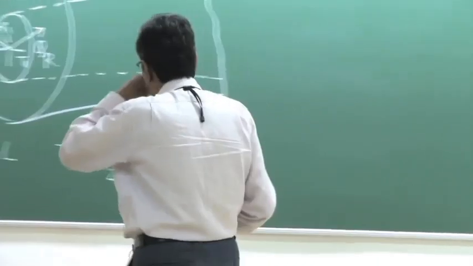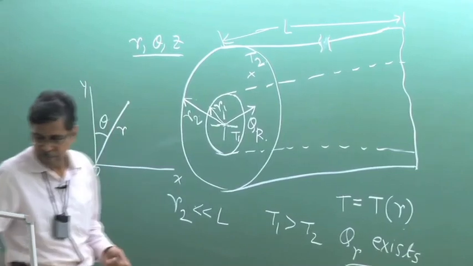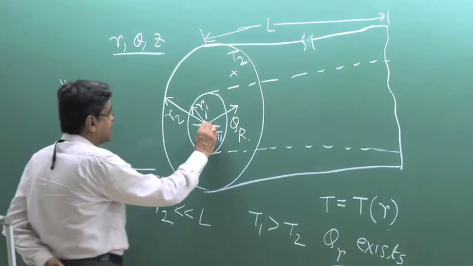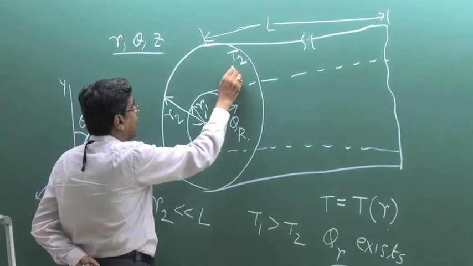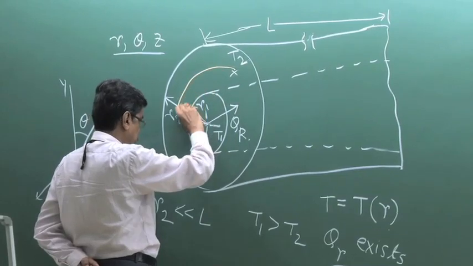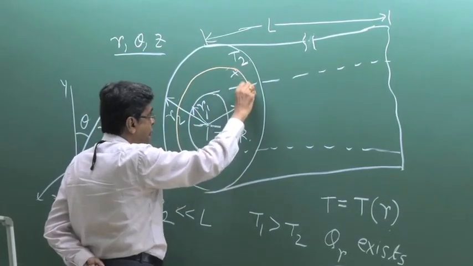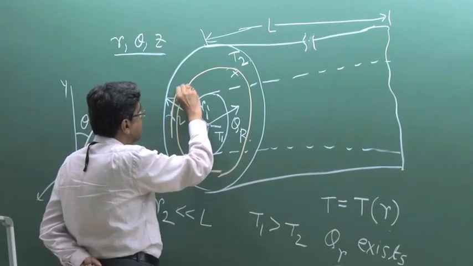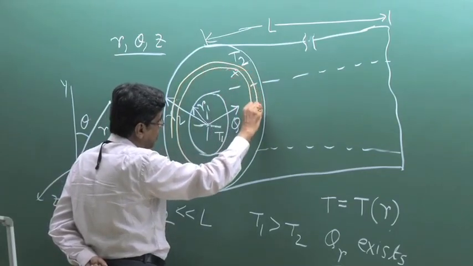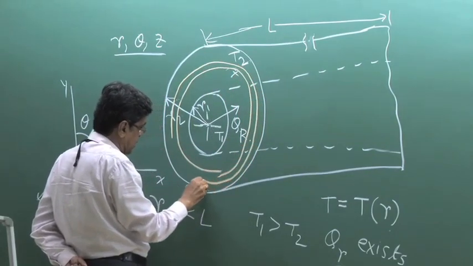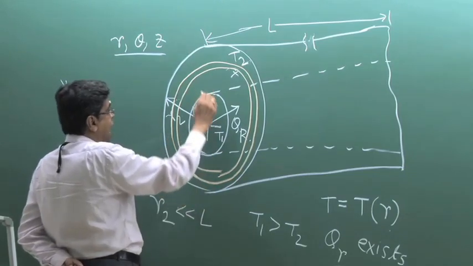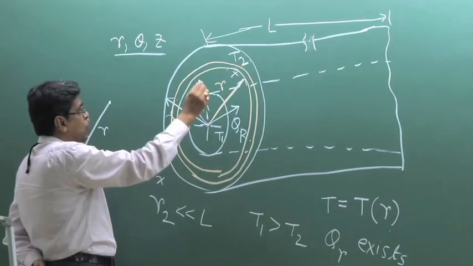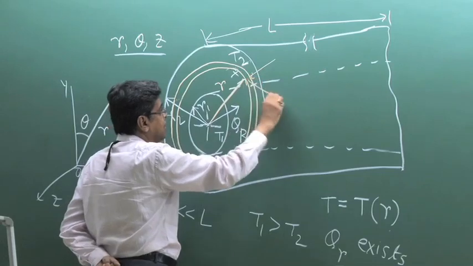How we proceed with this is that we take an annular element, a cylindrical ring, at an arbitrary radius r with the thickness delta r.